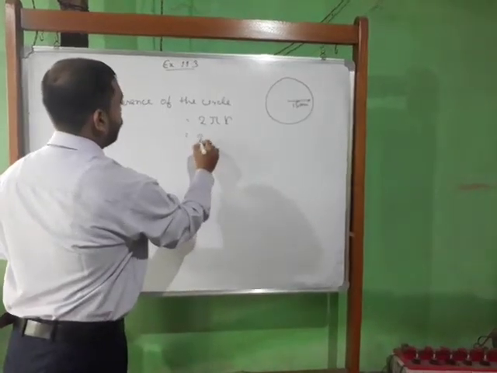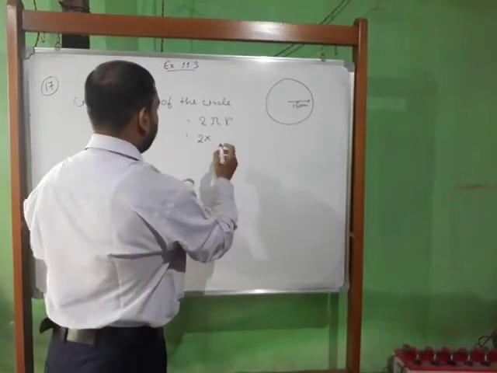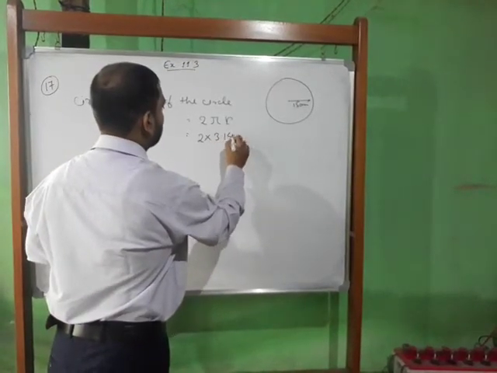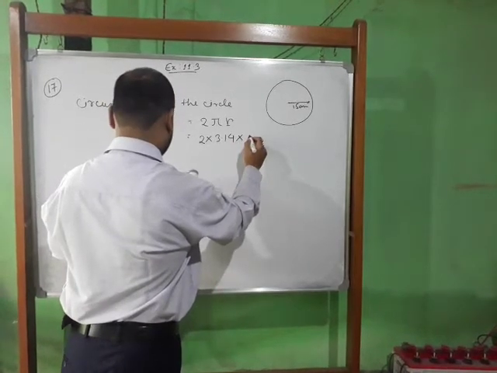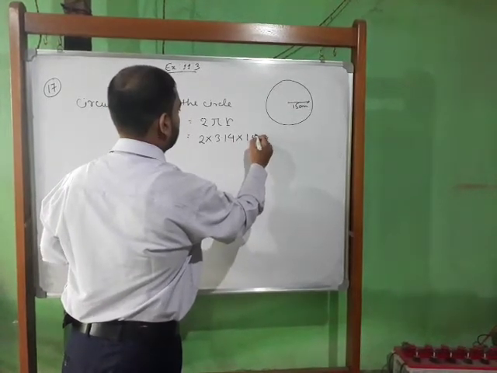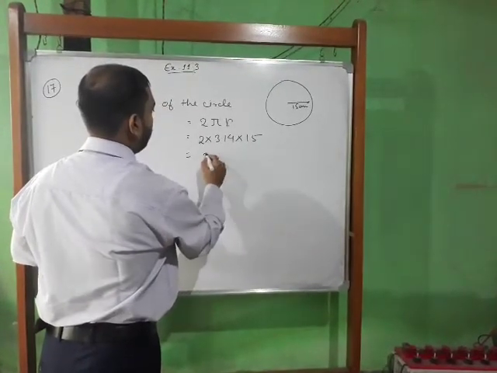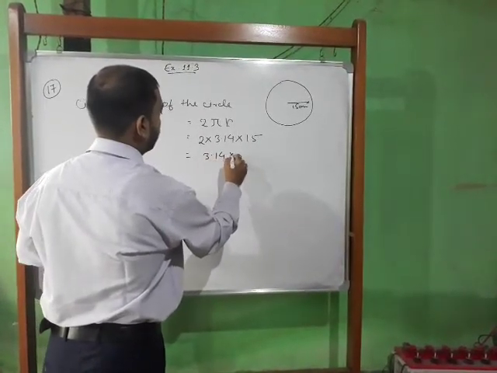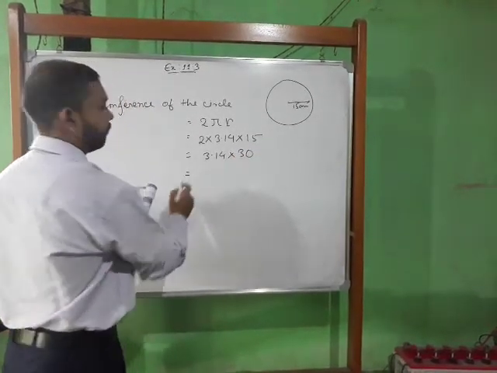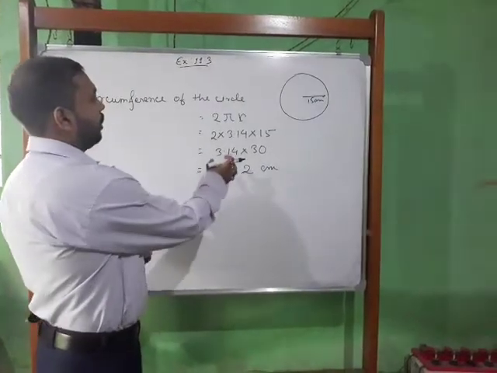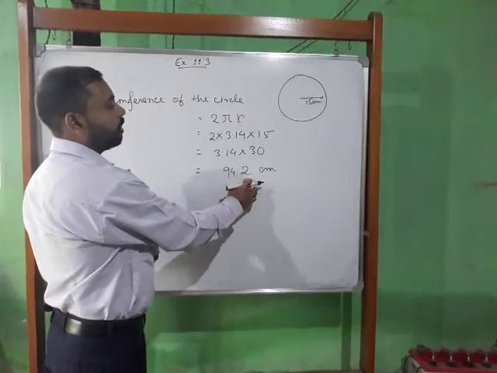So 2 into the value of pi, which is given as 3.14, into 15. So 2 into 15 will be 30. Now see, when I take out the circumference of the circle, it is 94.2 centimeter.